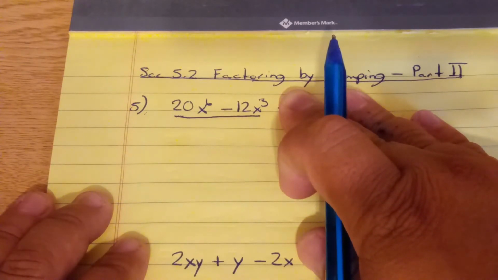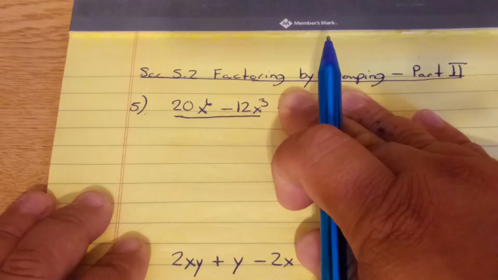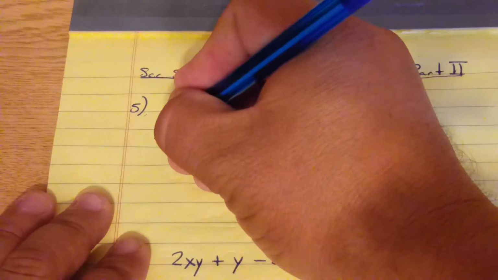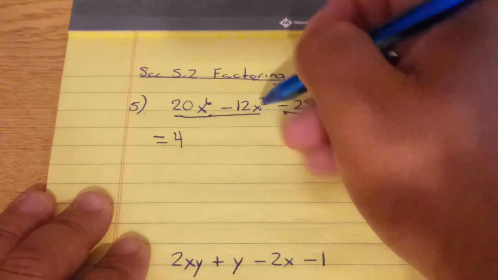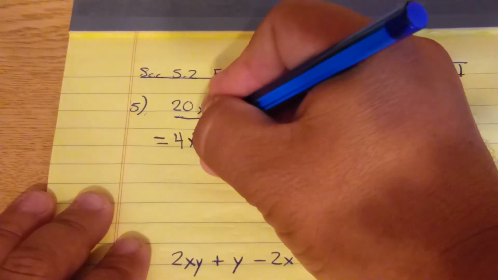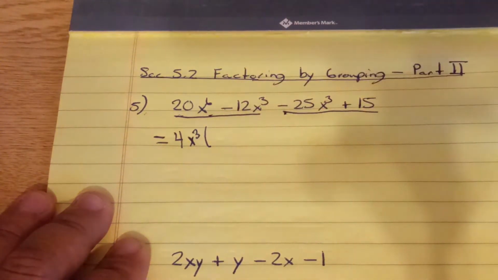So the GCF, once again, we're trying to figure out the largest number divisible into both of those. In this case it would be 4. But we also have to factor out the variable. Both of them have x in common, so you factor out the smallest power. So the GCF for these two is going to be 4x cubed.